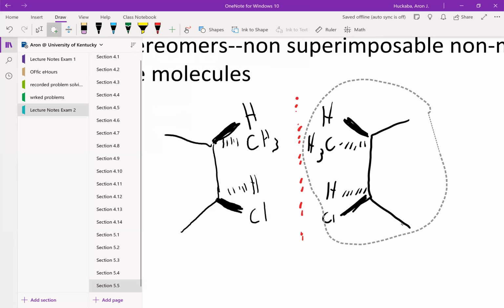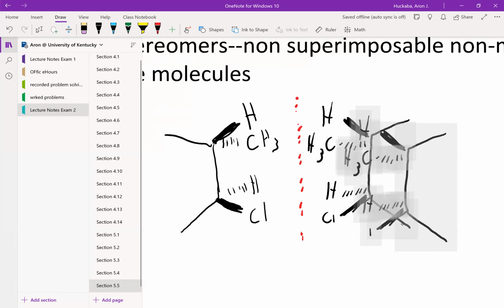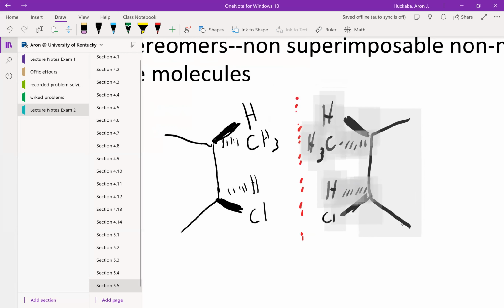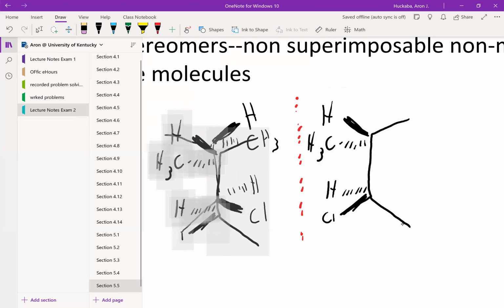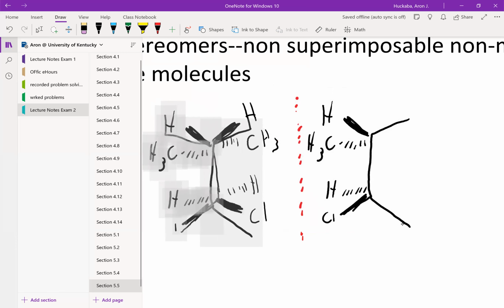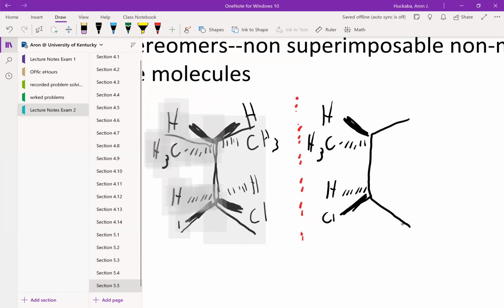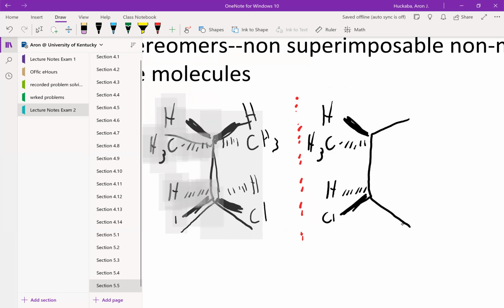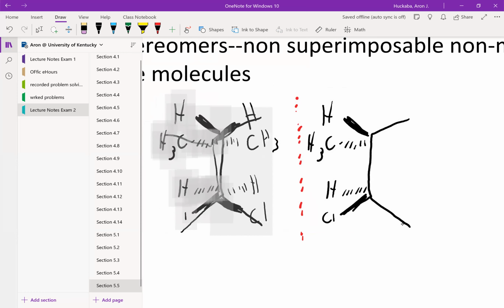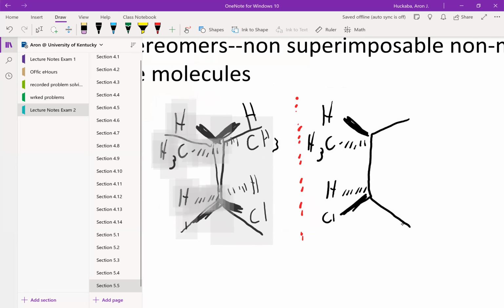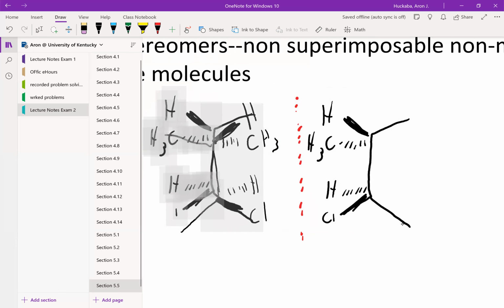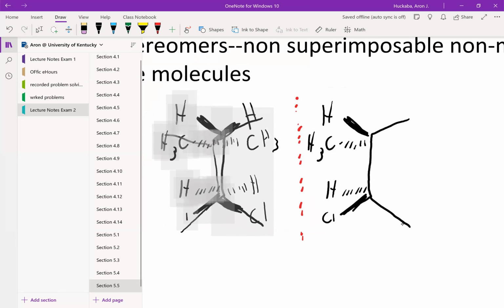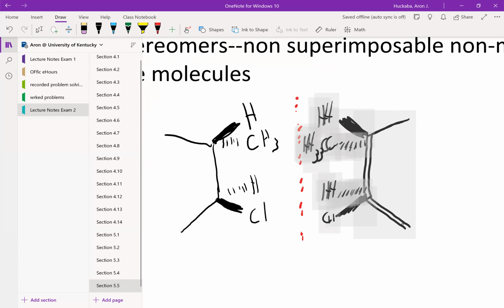And remember, in its definition, we said that it is non-superimposable, right? And that's what it looks like there. Because if we were to turn this around, we can't turn this around and have it be the same exact spatial connectivity there, can we?